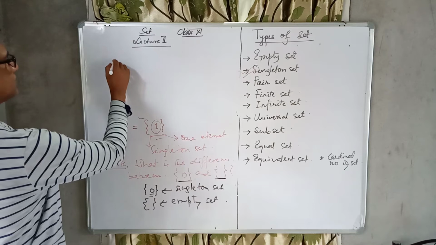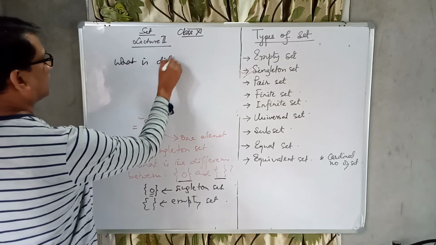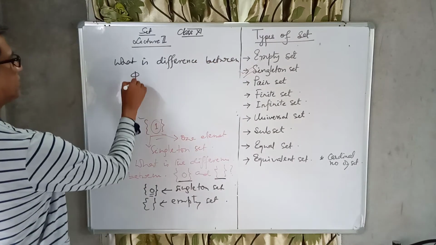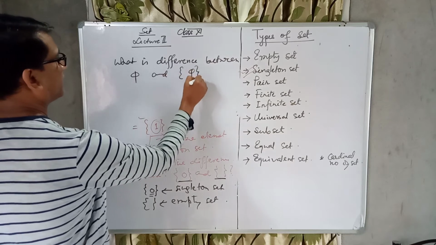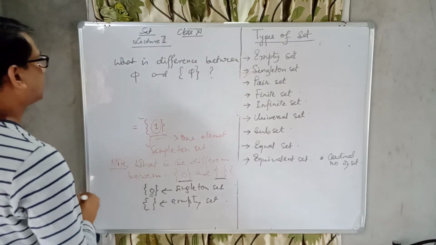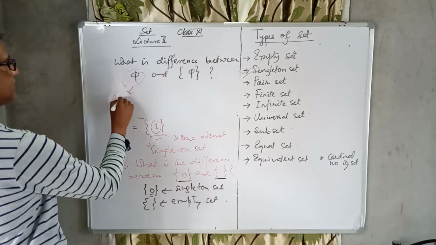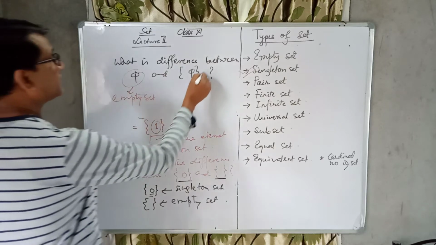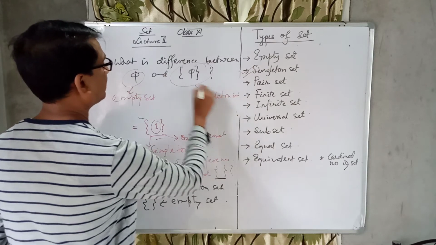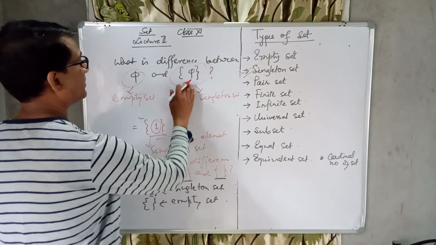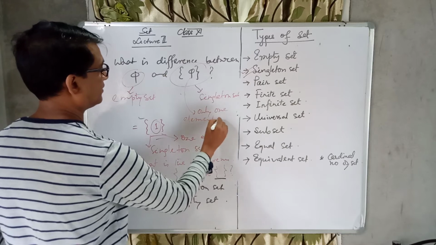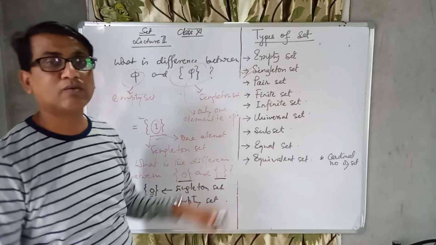Other questions may be asked in this way. What is the difference between 5 and {5}? The first one, 5, is not a set, but this one, {5}, is a singleton set where 5 is the only element.